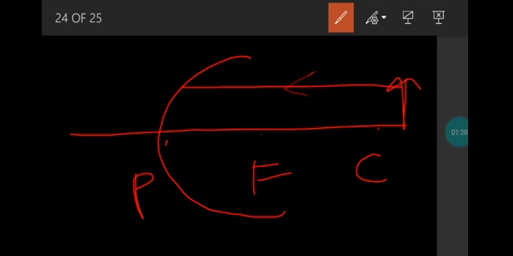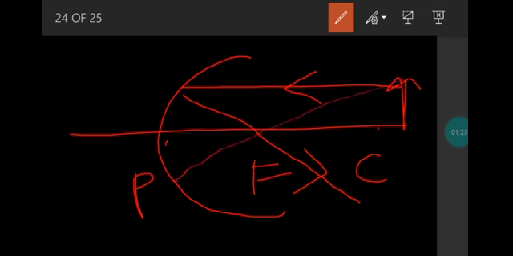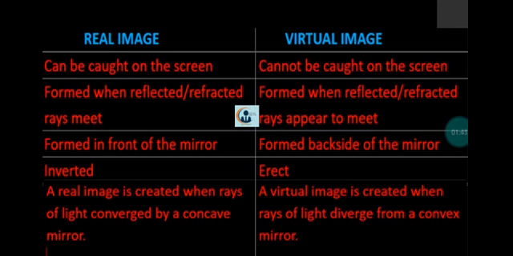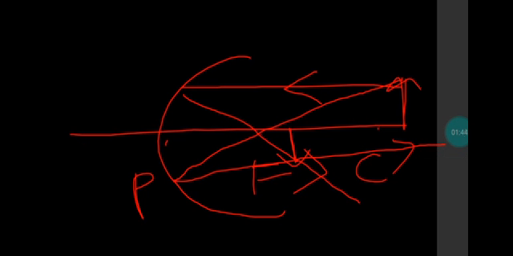Light rays passing parallel to the principal axis pass through the focus point, and rays passing through the focus point move parallel to the principal axis. My image is here. It is formed in front of the mirror and it is inverted, right? So what is the point? It is formed when reflected rays meet. When two reflected rays meet, we get an image, right? So usually when reflected or refracted rays meet, only then will we get an image.